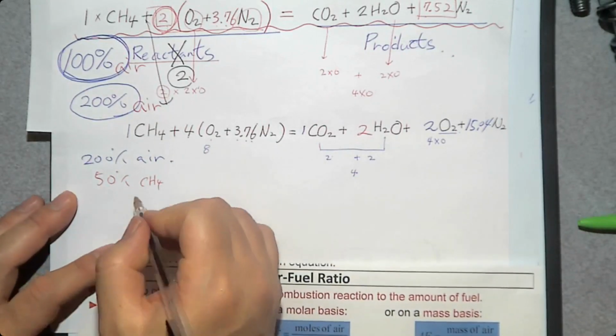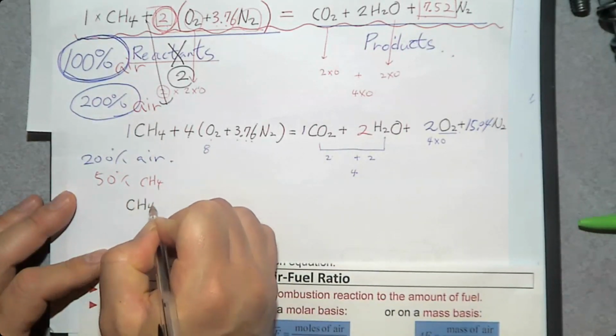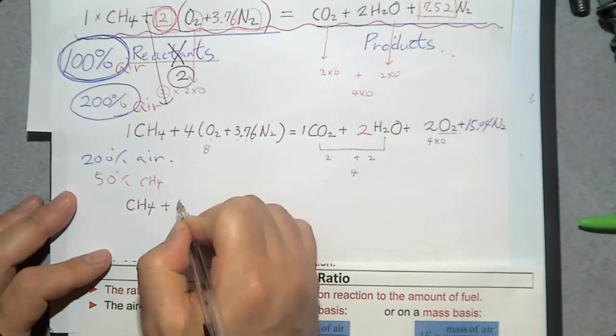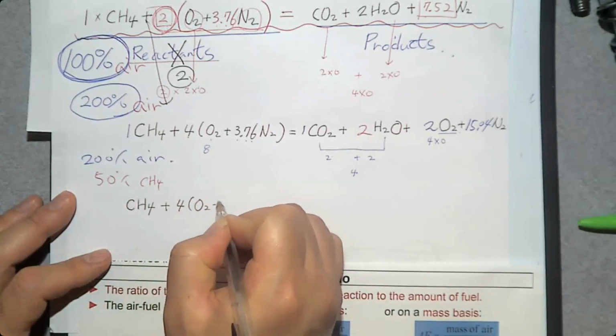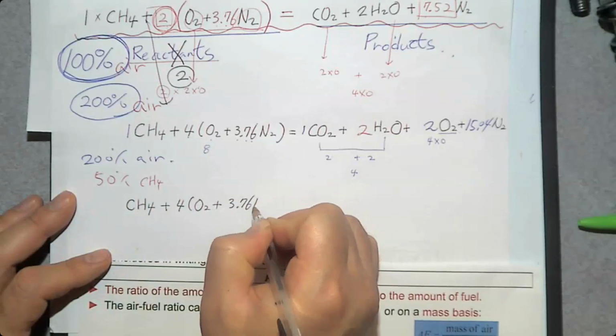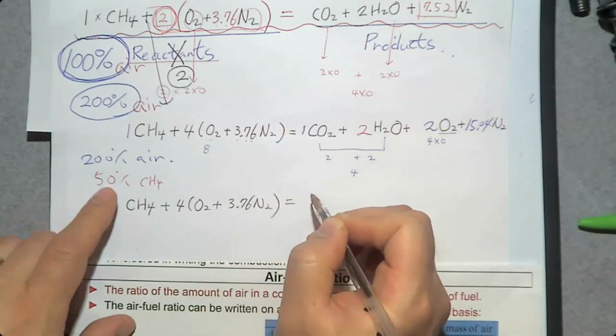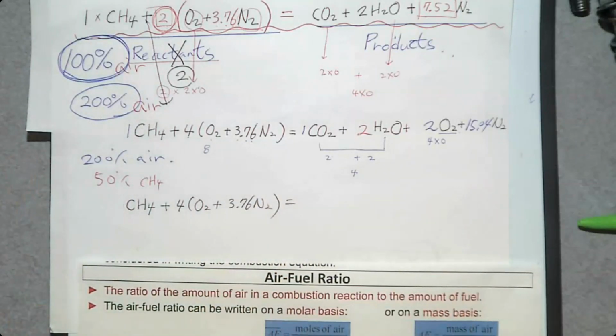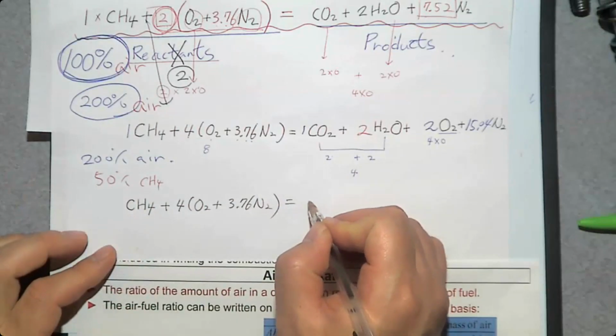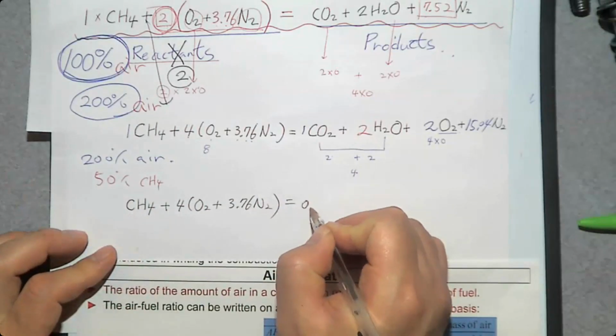Then this balanced reaction equation becomes CH4, the methane, plus 4 times oxygen plus 3.76 nitrogen, but this time only 50%. So 0.5 moles of methane is going to be in the product.